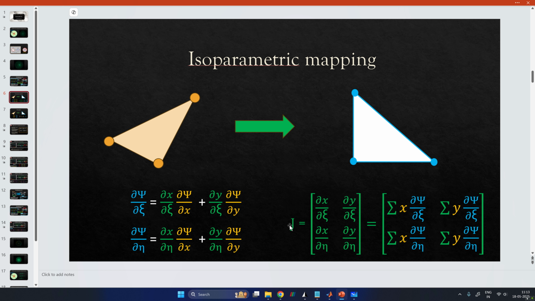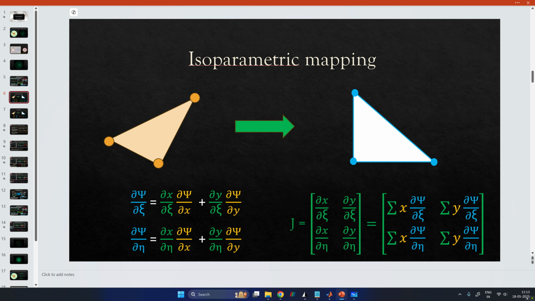This is a very important matrix, even from the point of view of mesh analysis. To compute this matrix, we simply do the summation and the interpolation like we did before, the isoparametric mapping. You get the x values from these three nodes in your physical element, and the derivatives of psi come from your shape function library.